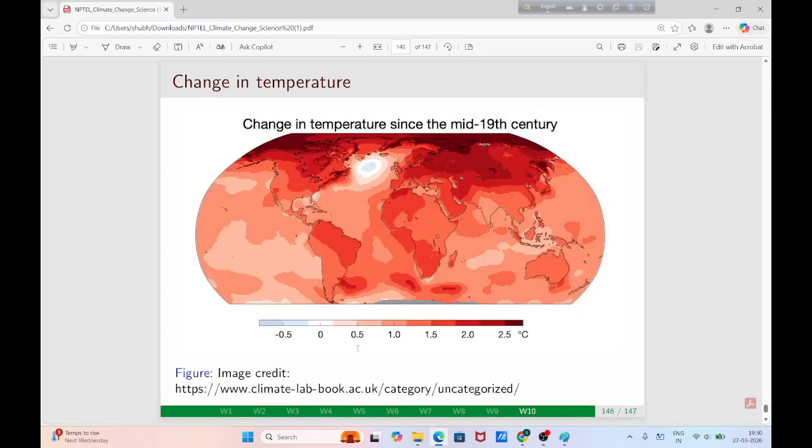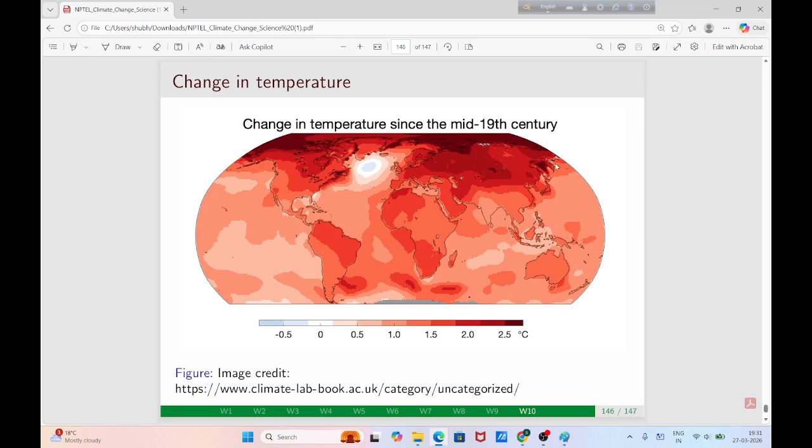And now we will just conclude with two pictures of the change in temperature in the future case. I think this is the change in temperature since the mid 19th century, so the present temperature minus the temperature in the mid 19th century or 1950. We can see that in the polar regions, the temperatures have increased excessively.